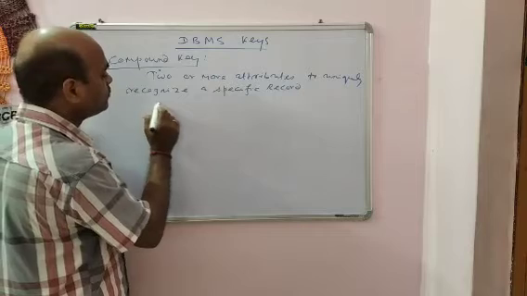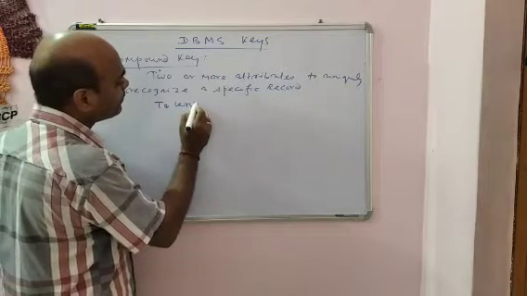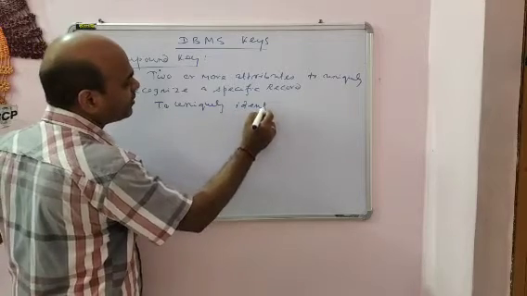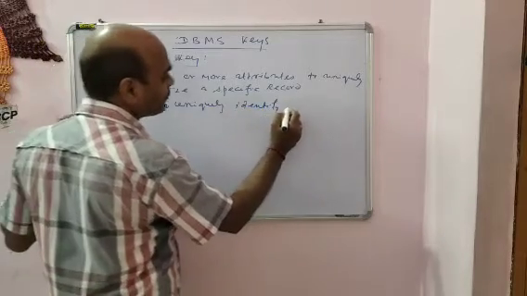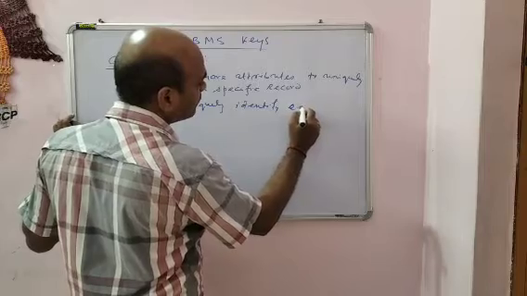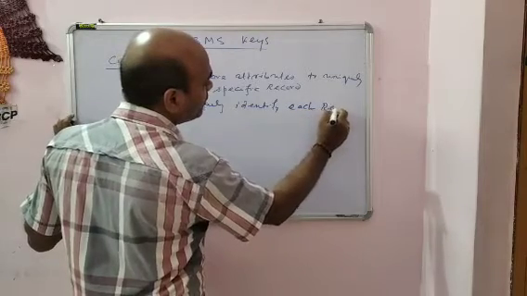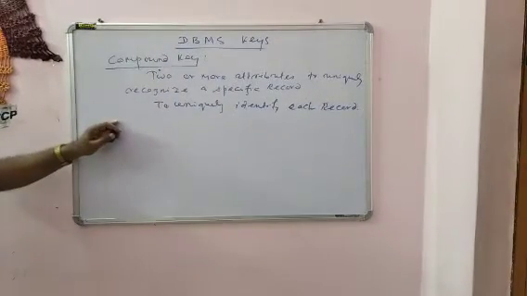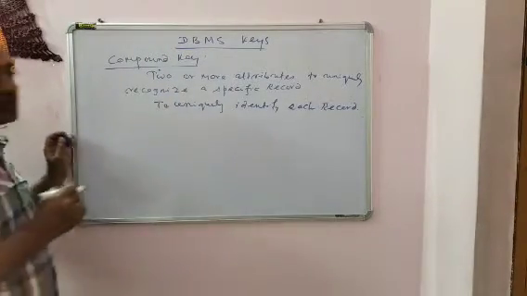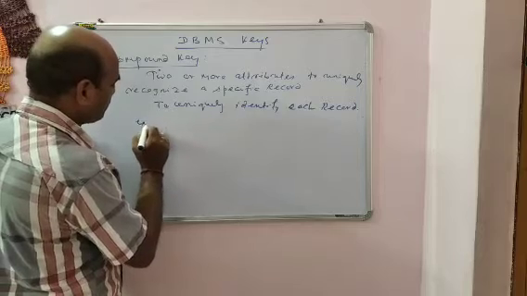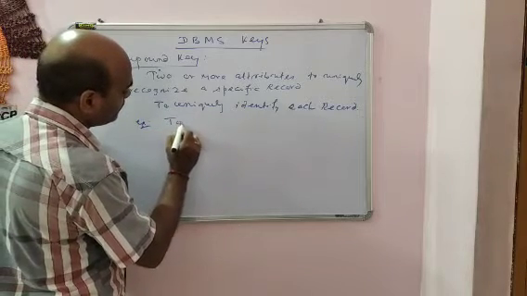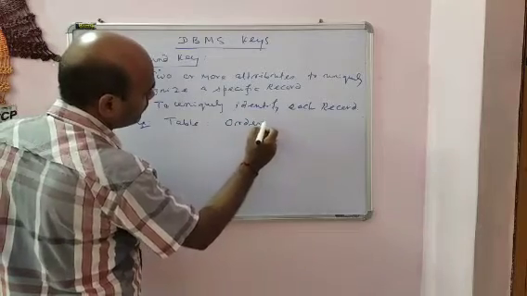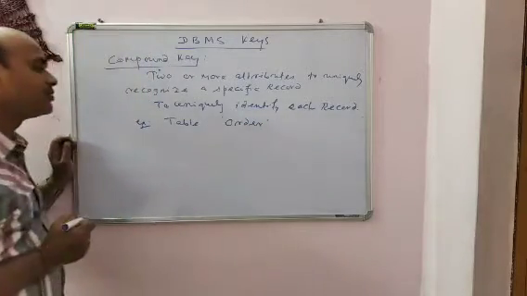This is used to uniquely identify each record in a table. For example, take a table order.